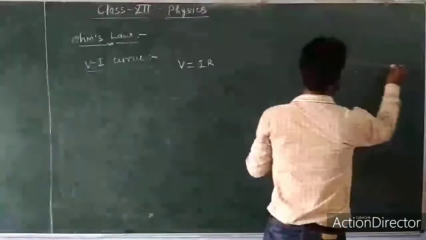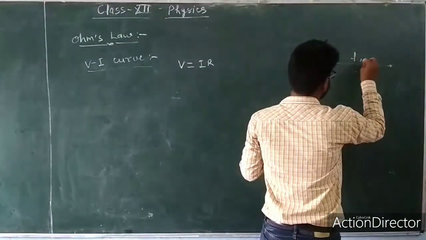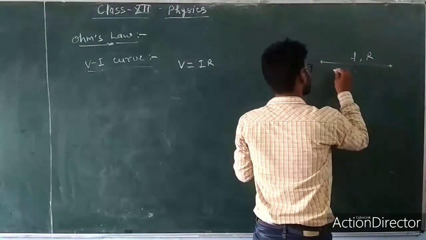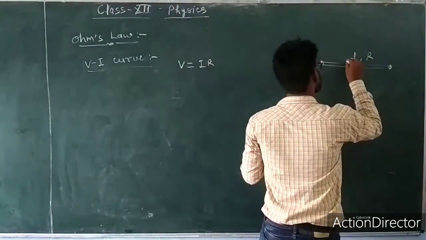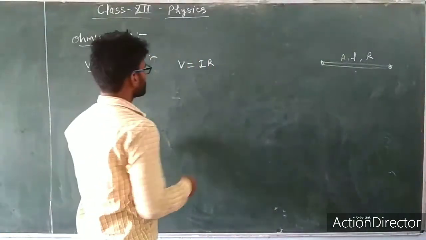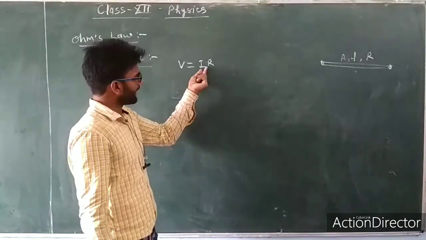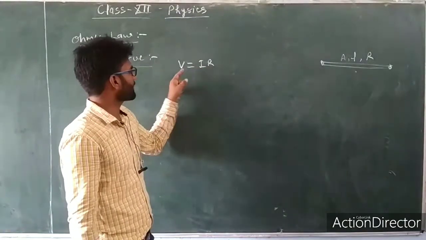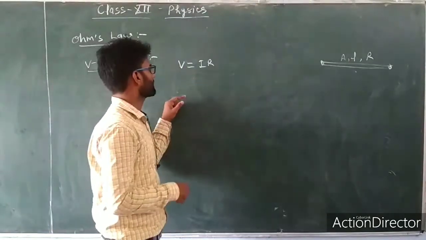I am considering one wire of length L, having resistance R, and cross-sectional area A. For this wire, we can calculate the voltage values for different values of current, right?